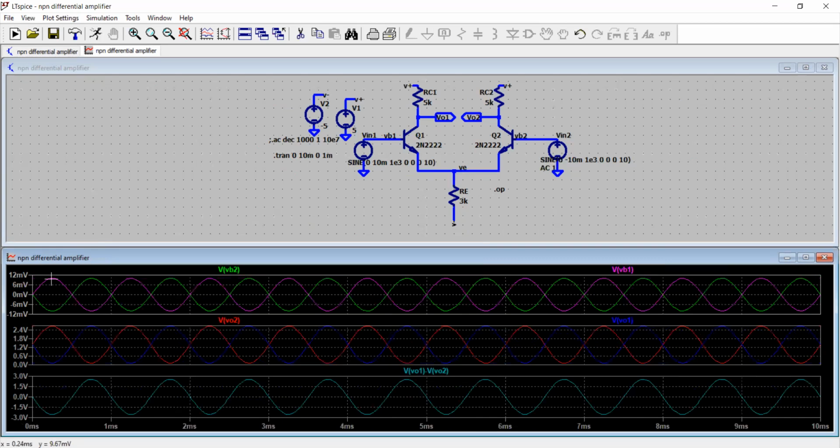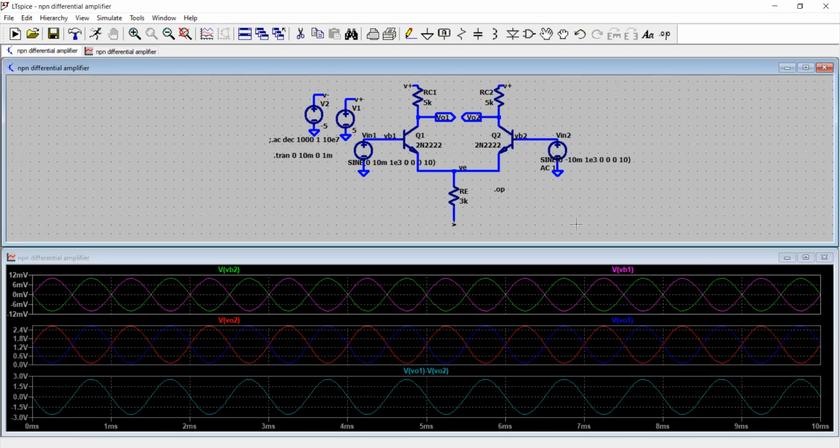Okay, so you have a 10 millivolt signal, you have 2.5 volt amplified output. So that is how you successfully design this amplifier for a gain of 200. Just tweak with your values about resistors and transistors, and play around. So you have successfully done this analysis.